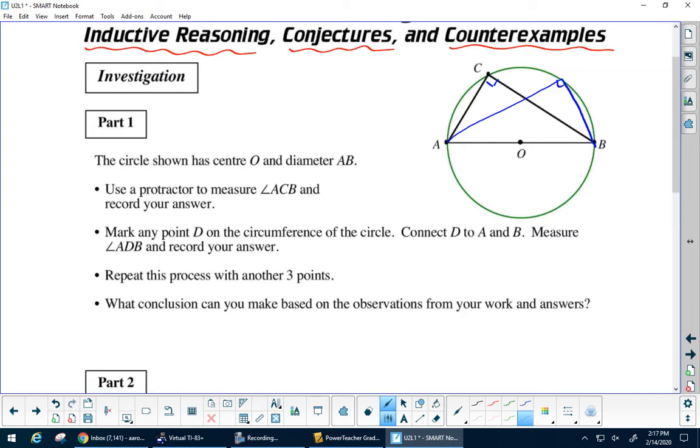And believe it or not, it does make a 90-degree angle. You could do it over and over again. Get your protractor out, and you will find every single time. And then you could come down here and do this one. You could try this one. And believe it or not, every single time will make a 90-degree angle.